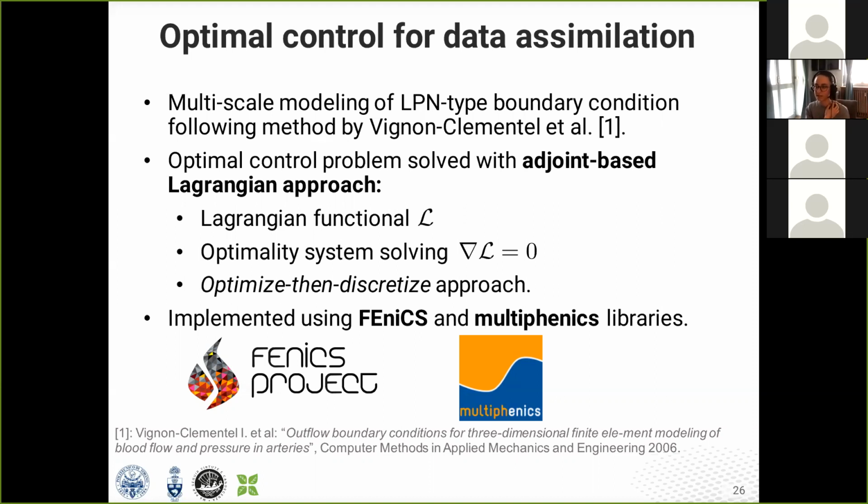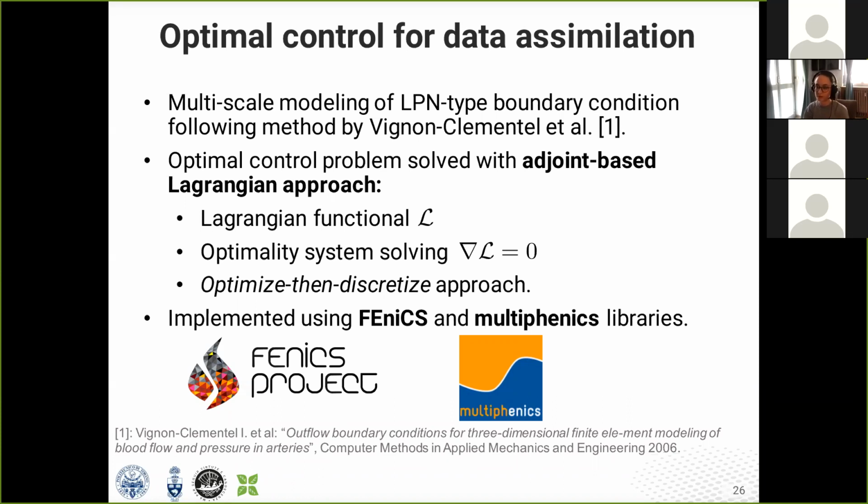So you basically define an optimality system that is composed of all the derivatives of the Lagrangian functional with respect to all its variables. And by solving this optimality system, so solving for the solution where all the derivatives are equal to 0, you find the optimal solution of the problem.